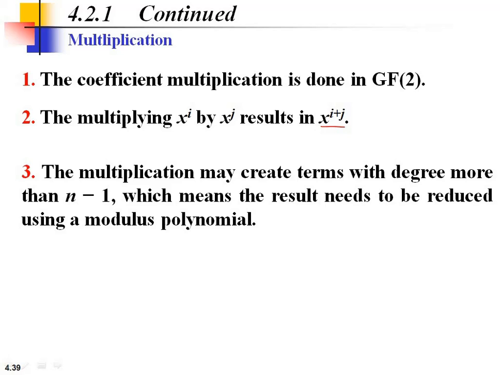That is quite obvious, because when we are multiplying x to the power i and x to the power j, this i plus j can be greater than n minus 1. Which means that the result needs to be reduced using the modulus operator. So now the modulus polynomial will come into play, how it can be utilized to reduce the result again back to a maximum of the power n minus 1.